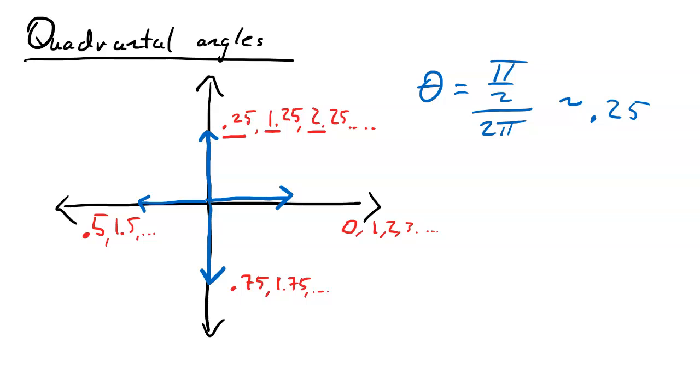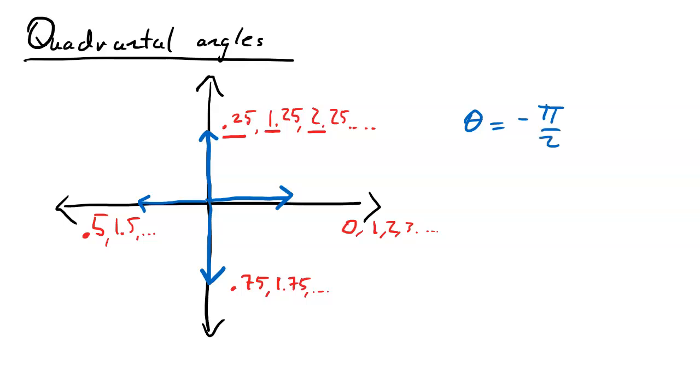This kind of flips when you have a negative angle, so you have to be careful of that. If I have, for example, theta equal to negative pi over 2 divided by 2 pi, this will also give us 0.25. However, this 0.25 is negative, so it's saying it's only made it a fourth around going clockwise.